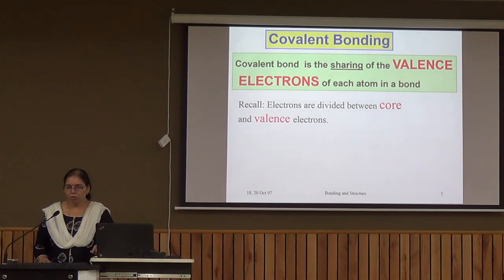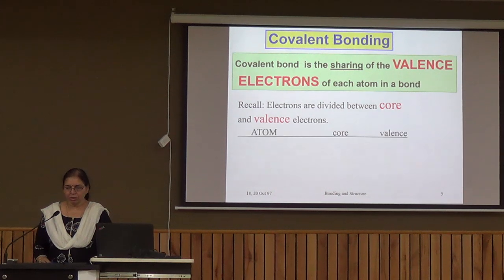Electrons are divided into core and valence electrons. The electrons present in the innermost shells plus the nucleus, that portion is known as the kernel, and the outermost electrons present in the outer shell are known as valence electrons.